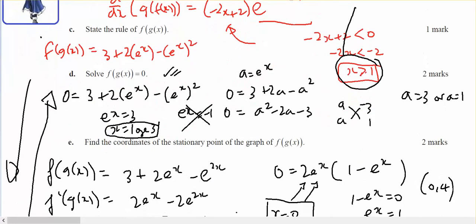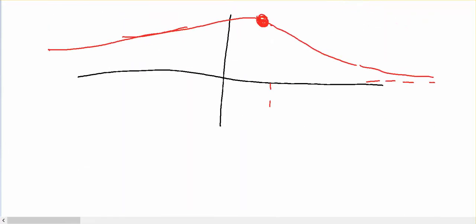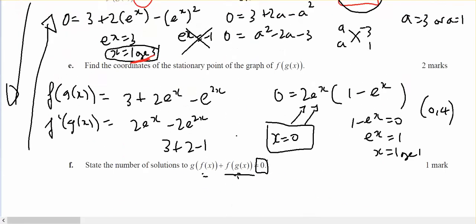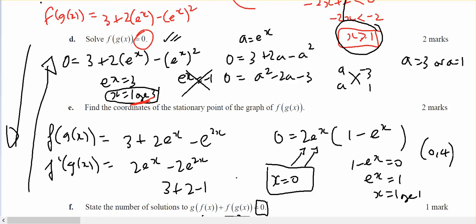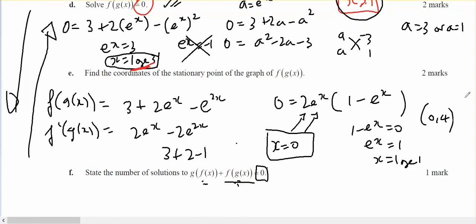So what about the other one? This other one is equal to 0 at log base e of 3. So I know that at log base e of 3, it cuts the axis. What else do I know? I know that it has a stationary point at 0, 4.